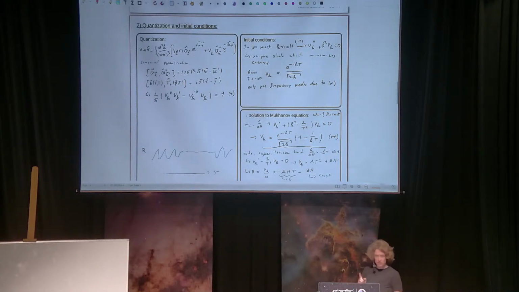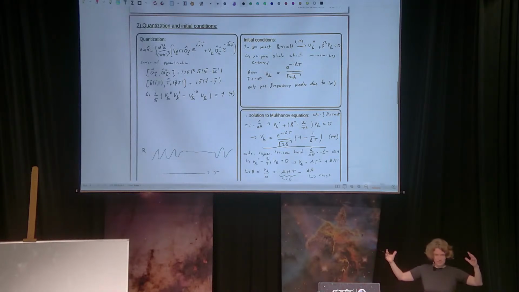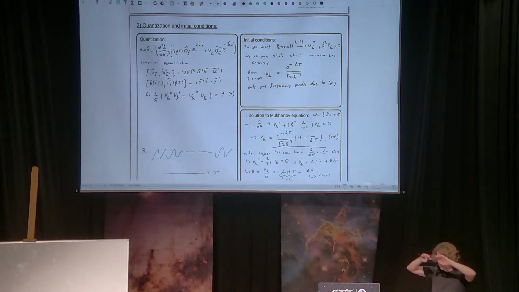And now the prediction of inflation is that this mode, when it enters the horizon, over the entire universe, starts oscillating with the same phase everywhere in the universe. So you have a given perturbation mode, and it's described by a cosine, but this cosine has the same phase everywhere in the universe, in regions that are billions of light years apart and had absolutely no chance to talk to each other without inflation.